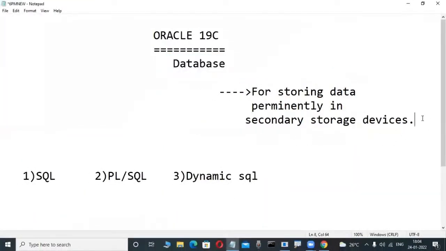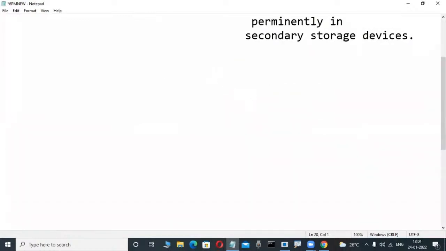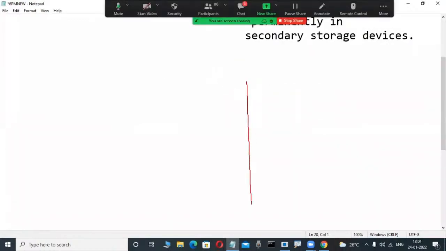But not only permanently storing the data, but also an efficient way of retrieving the data. What I'm telling in previous classes: database means it is a place. Whenever we install Oracle, SQL Server, DB2, automatically one place is created.